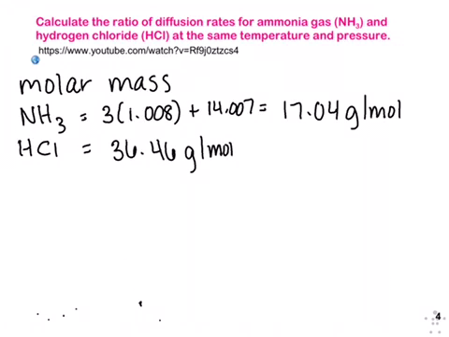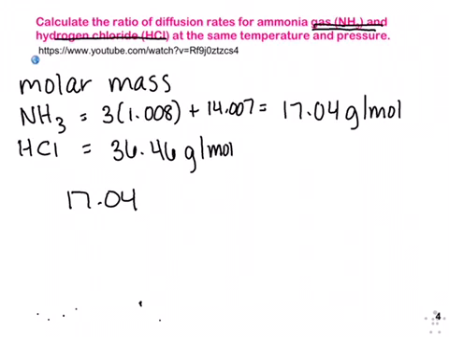And then it's asking to calculate the ratio of diffusion rates for the ammonia gas and hydrogen chloride. So remember, with ratios, order is important. It lists ammonia as the first one, so that will be your numerator. Ammonia is 17.